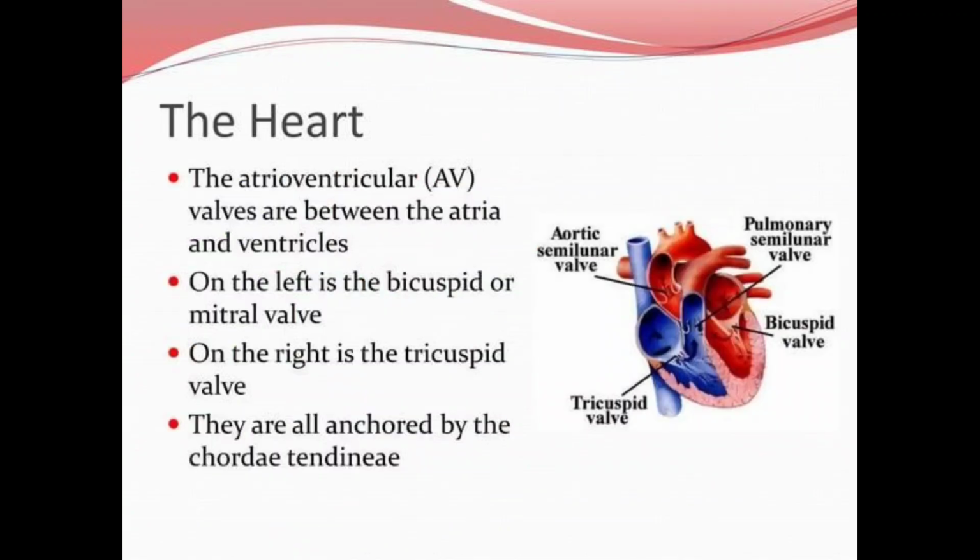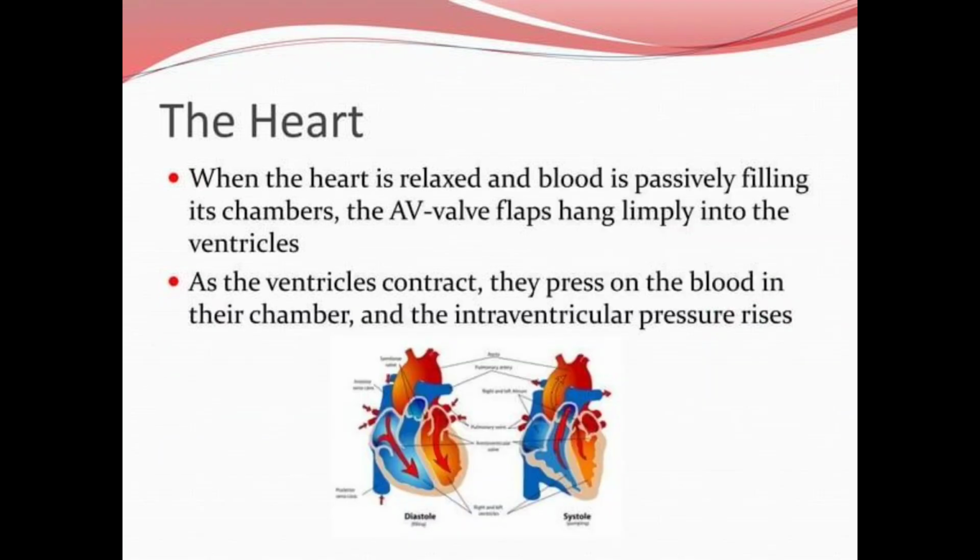backflow of the blood. The heart valves include the atrioventricular valves, between the atria and ventricles. On the left side is the bicuspid or mitral valve. On the right side it is the tricuspid valve. They are all anchored by the chordae tendineae, which handle the opening and closing of the valves.